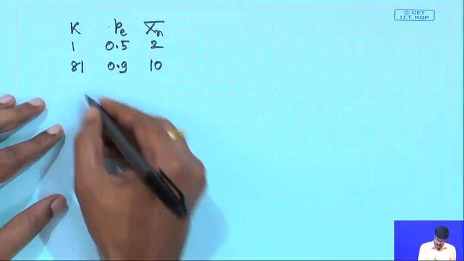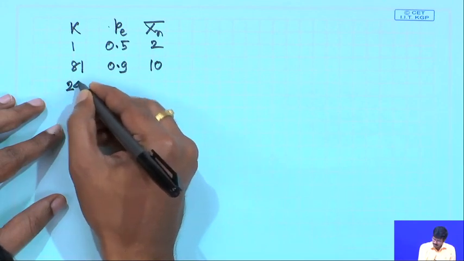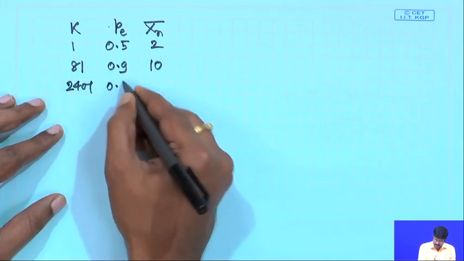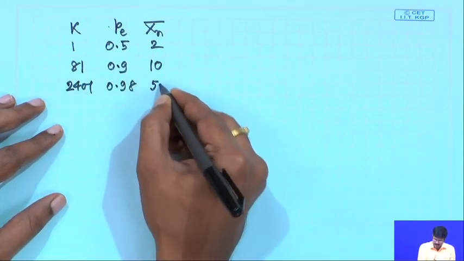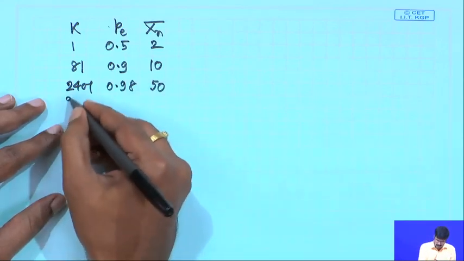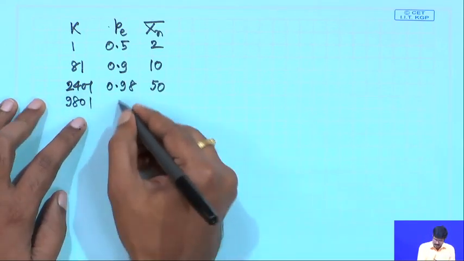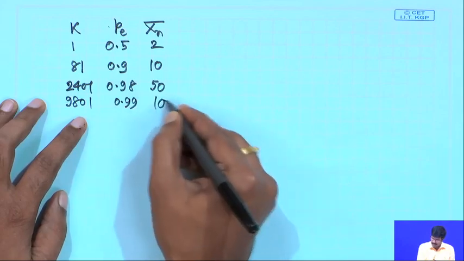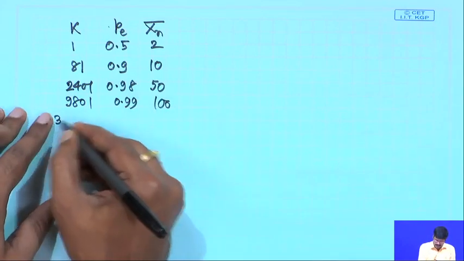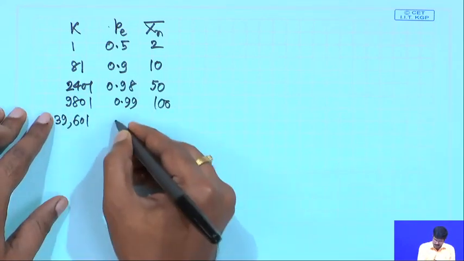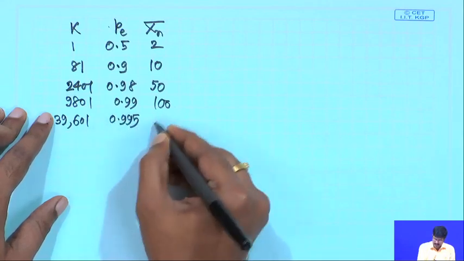If your k is 2401, then 98% of the reaction will occur at equilibrium, xn bar will be only 50. 9801, 99% of reaction, xn bar is 100, it is becoming reasonable. 39,601, 0.995, xn bar is 200.